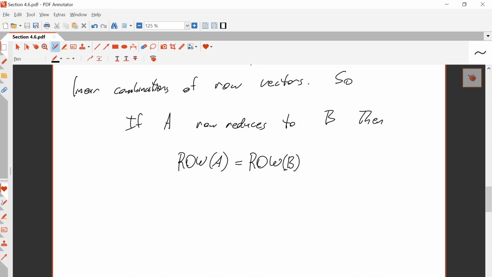But with the matrix B, you know which rows are the pivot rows, so you can pick out a basis.